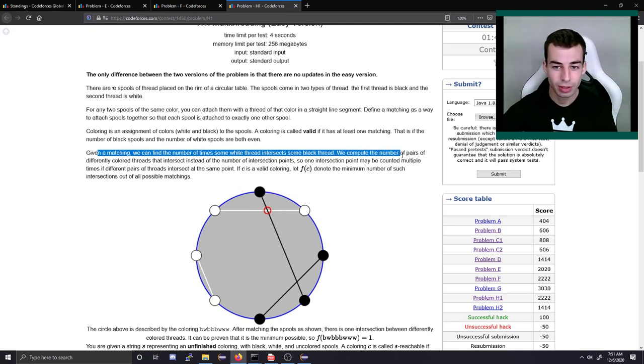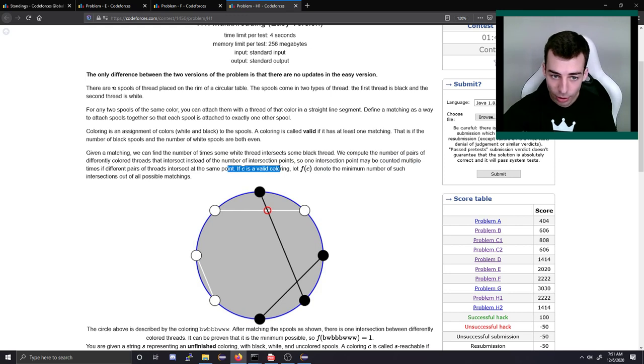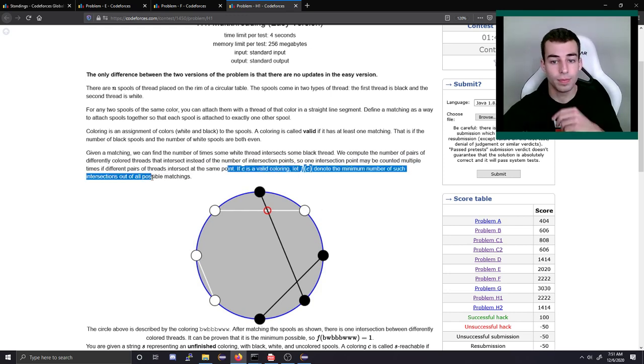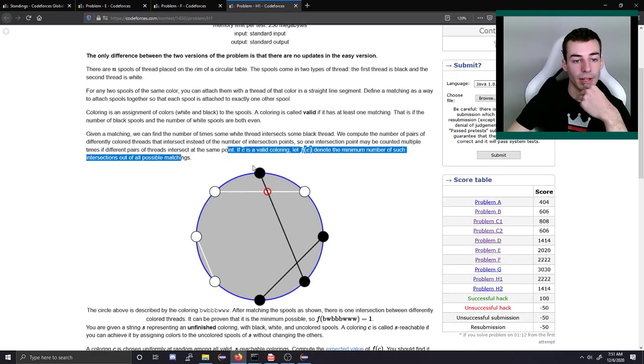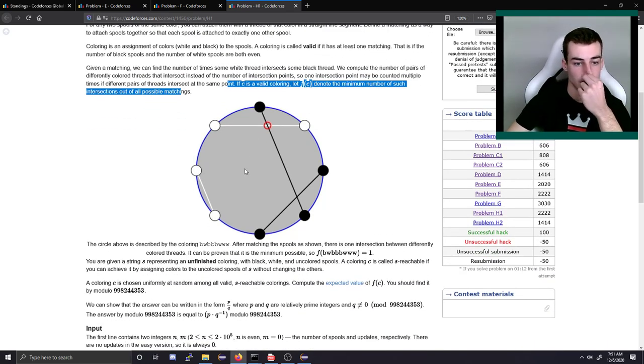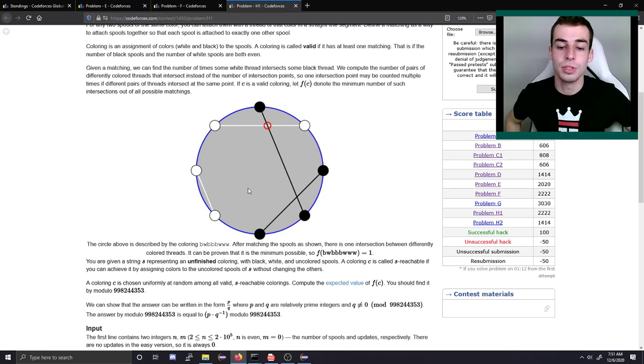We can compute the number of pairs of differently colored threads that intersect instead of the number of intersection points. Okay, got it. Yeah, that makes it easier. So 1 intersection point may be counted multiple times to different pairs of thread, blah, blah, blah. Let C be the valid coloring. Let F of C be the minimum of such intersections among all valid matchings. Black, white, yeah. Matching the spools, intersection of colored threads. We've proven this is the minimum possible.